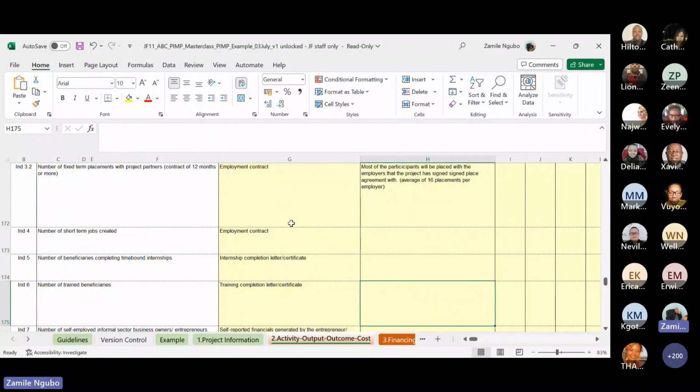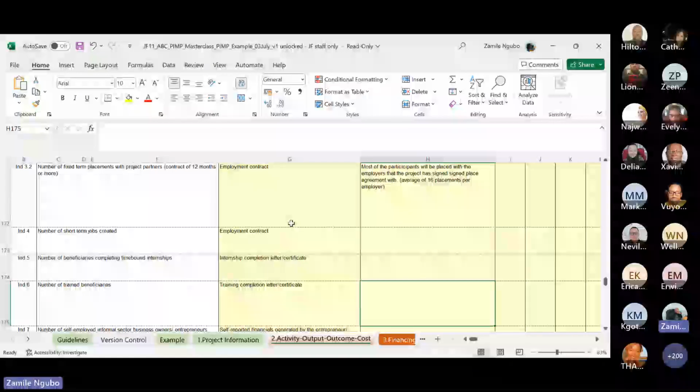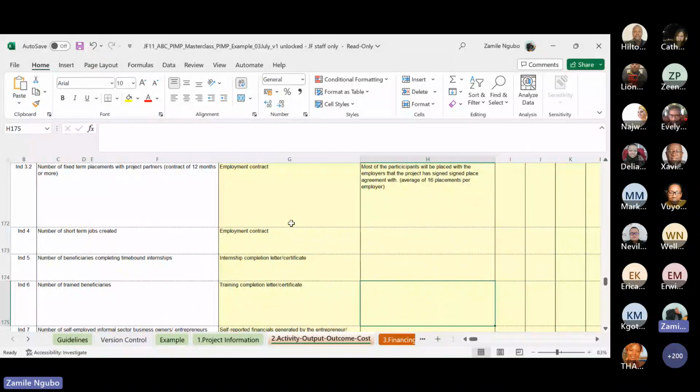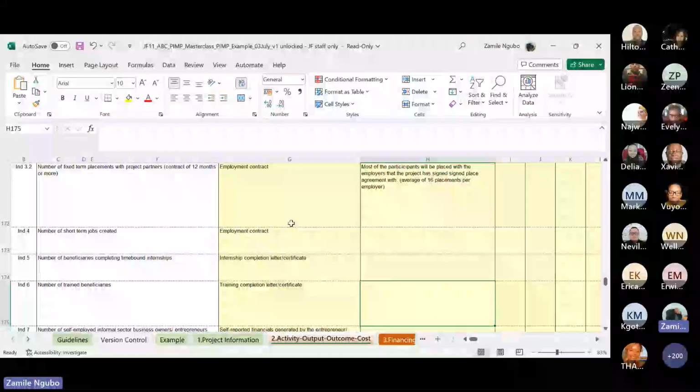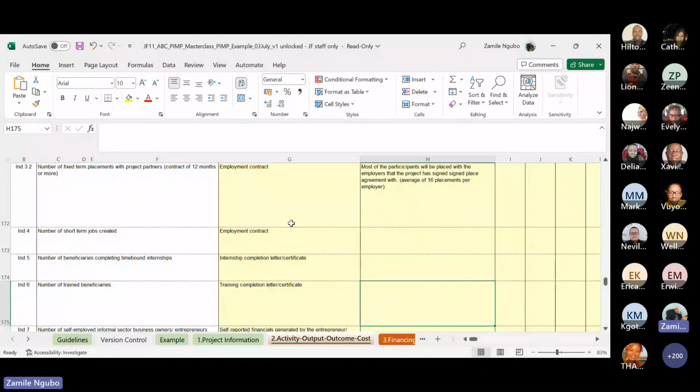So the assumption here is 95% of candidates will meet the training requirements of obtaining at least 75 in all coursework throughout the 9-month period and will successfully complete the training. So you will remember we have selected 500. So the assumption is 95% of those will meet the training requirements.